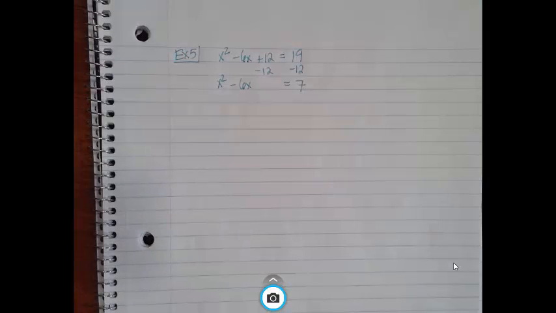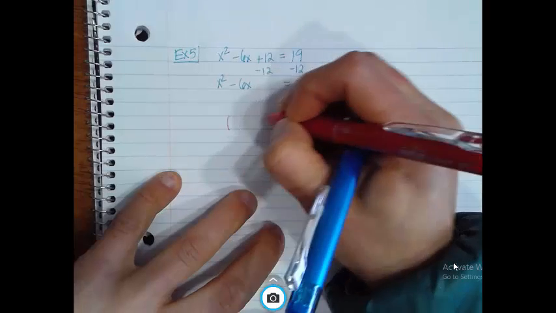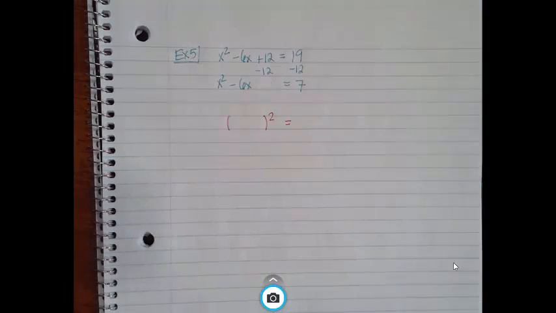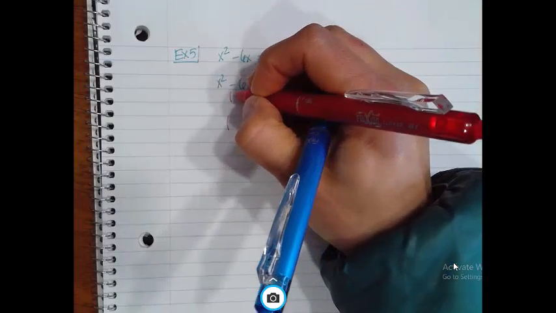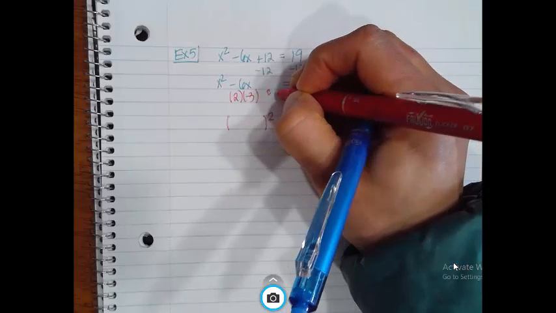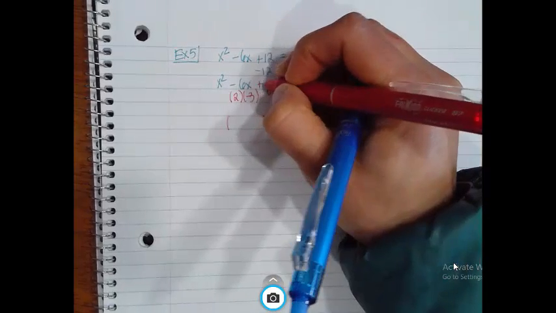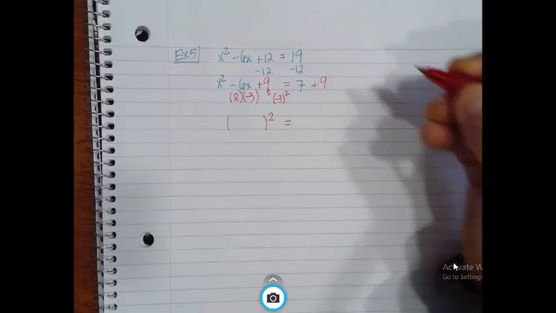What do I need now to make this side a perfect square trinomial? So remember, I want it to be something squared equals something over here. Well, I know that this negative 6 has to be 2 times negative 3. So this term here must be negative 3 squared, which of course is 9.